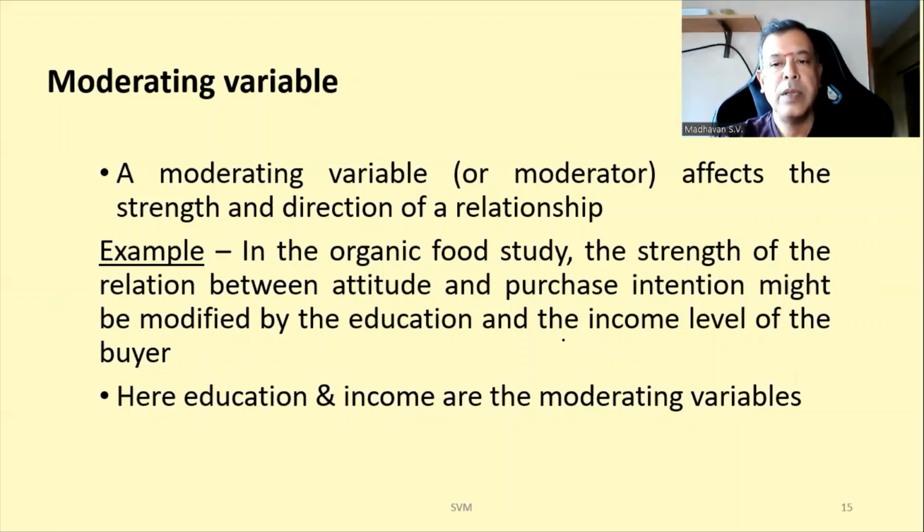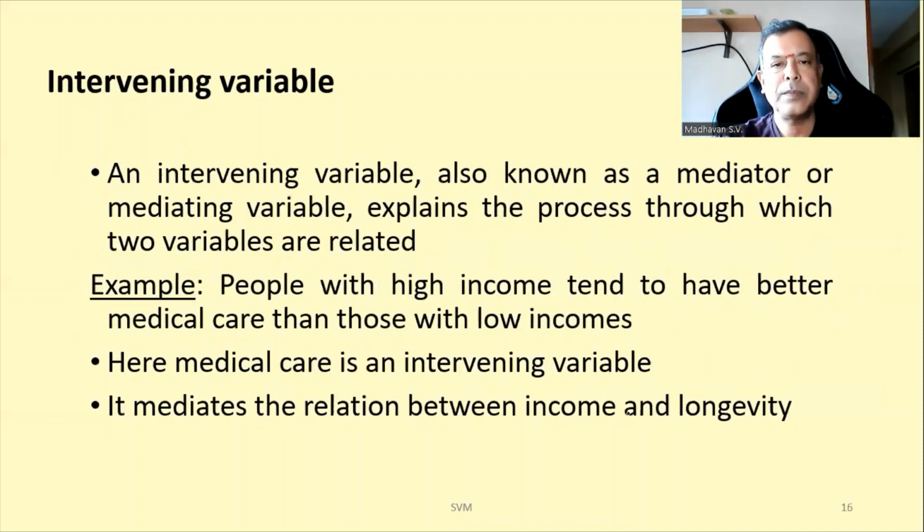Even though you may have the attitude and the purchase intention, the education level of the person and the income level will definitely matter, because organic food is quite expensive compared to regular food products. So here education and income are the moderating variables, or moderators, which may affect the strength and direction of the relationship between attitude and purchase intention.